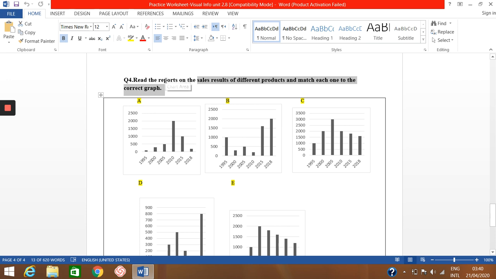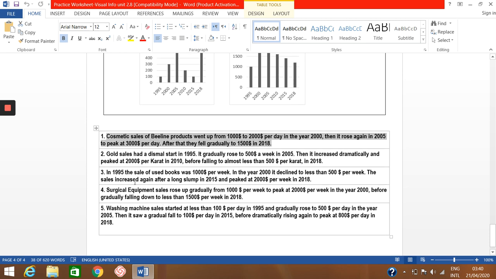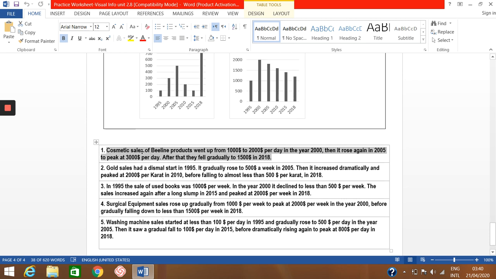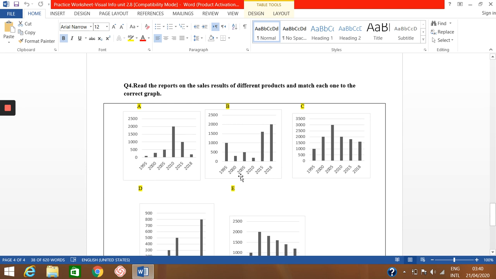So the reports are here, short reports. We have 5 reports. This is the first one, number 1, this is the second one, 2, 3, 4, and 5. So we have to read each report and try to match it with the suitable or the correct graph here.